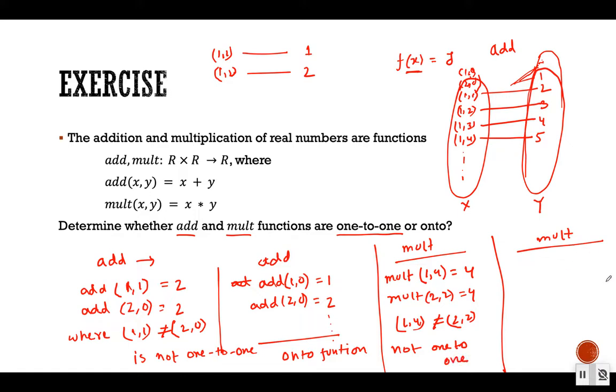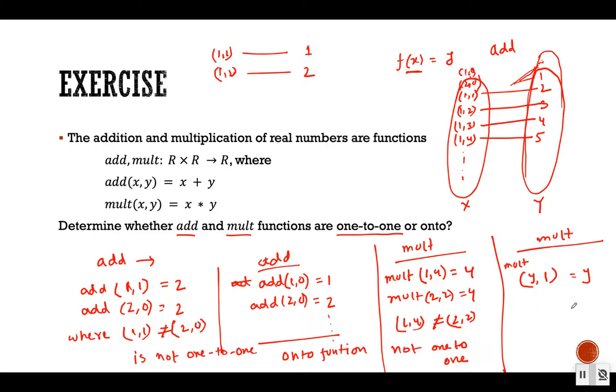And for multiplication, whether this is onto like addition, we will find the result for every output. Every output is possible from multiplication. If we multiply the value by 1, it will give me the value y.